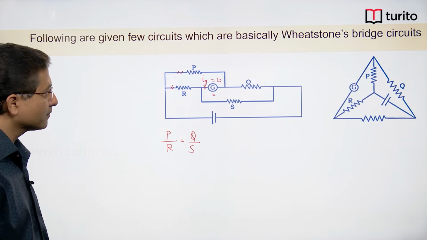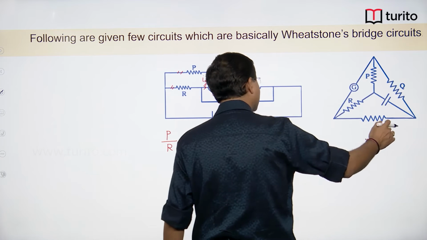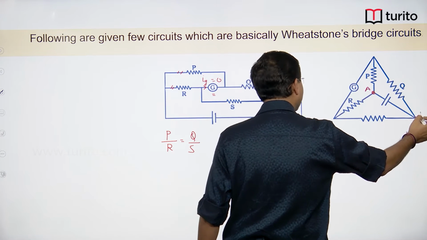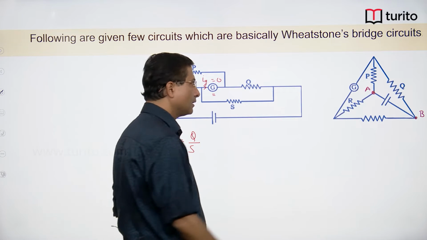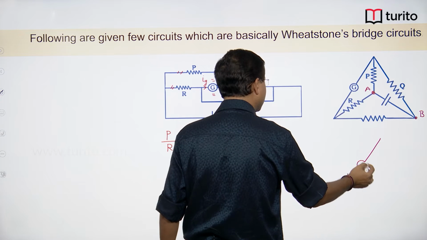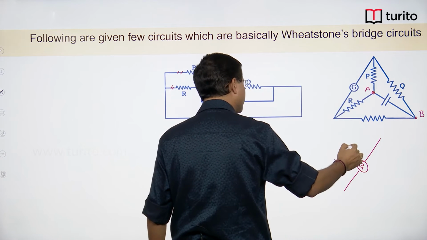Similarly, look at this one. Here, if I consider this as A terminal and this as B terminal, and I open this one and take it out. So here I will see galvanometer, these two came out.